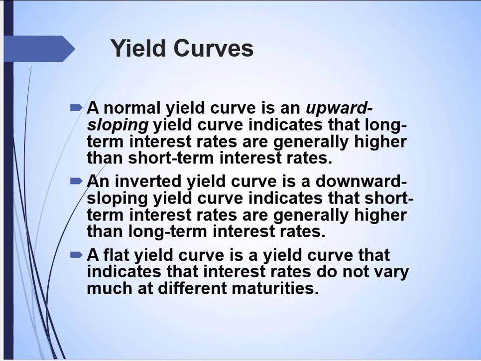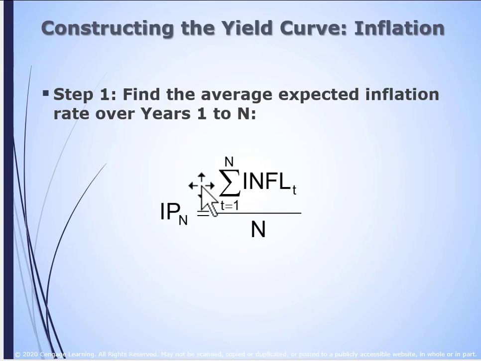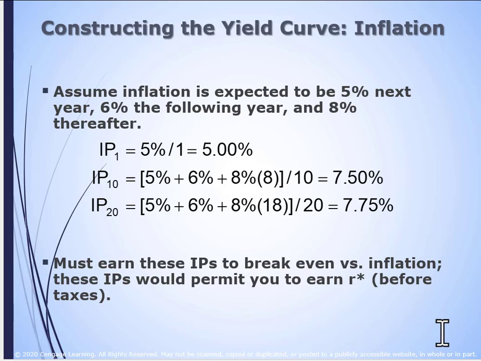So let's see how these curves are created or how we can view them. The first thing we need to understand is, how do you measure expected inflation for the future? Well, to measure expected inflation for the future, we need some forecasts. How they are forecasted, again, we can talk about in later videos, but quite frankly, it's a little bit beyond the scope of this class.